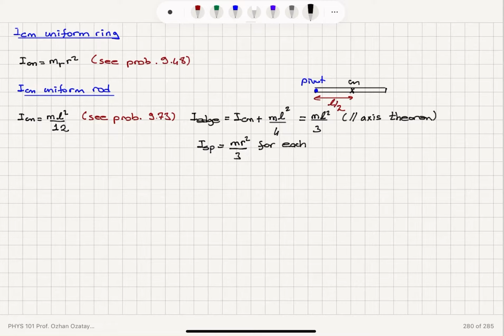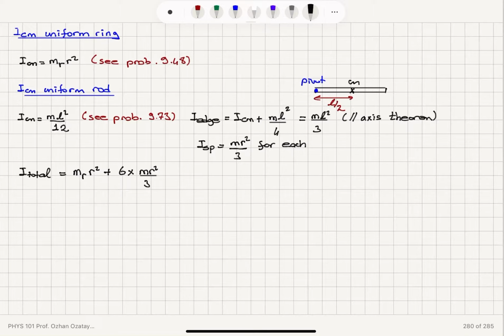Now the total moment of inertia, I total, will be equal to the uniform ring moment of inertia with respect to the center, m r r squared, plus 6 times the contribution from each spoke, m r squared divided by 3.